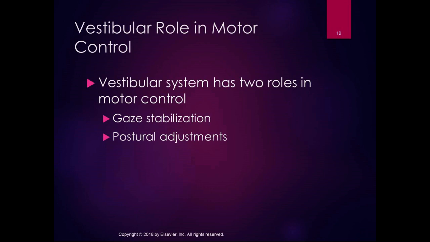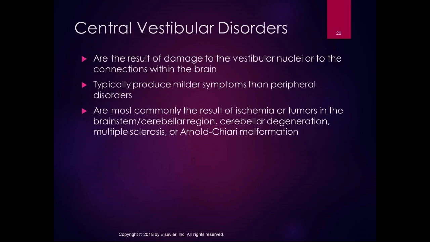So that sort of explains the vertigo and the unsteadiness when you have a problem with the vestibular system, and these things aren't happening. So we talk about peripheral vestibular disorders.